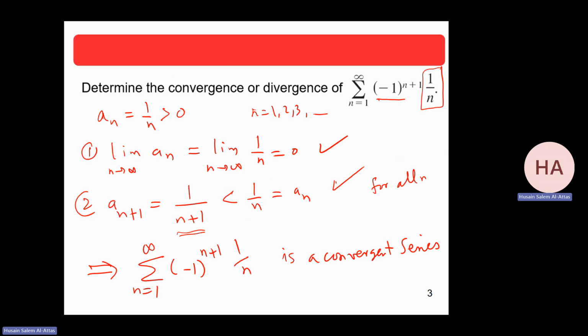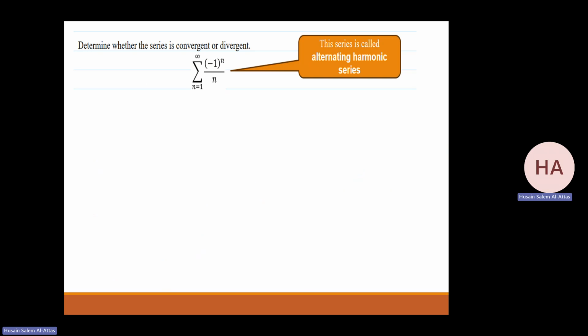Do we care if it's minus 1 to the power n plus 1 or the other way? No. If it is minus 1 to the power n, it's the same thing. This is also an alternating series, and it's the same as this one with the minus sign.